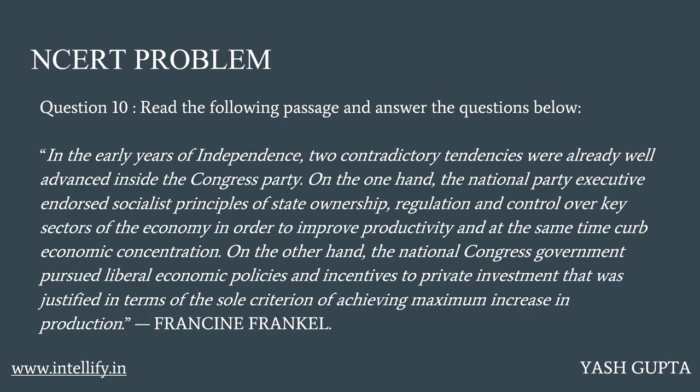On the other hand, the National Congress government pursued liberal economic policies and incentives to private investment that was justified in terms of the sole criterion of achieving maximum increase in production. This passage was written by Francine Frankel.